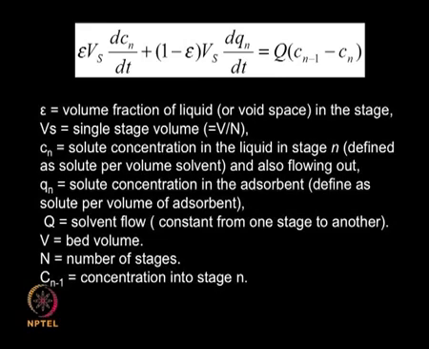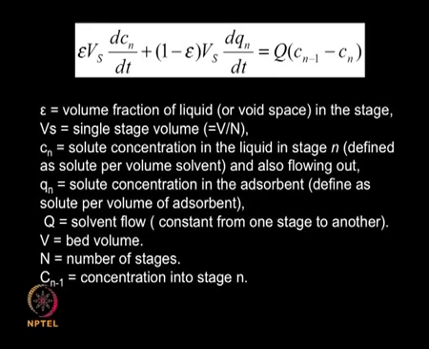On the left-hand side we have the accumulation. There are two types of accumulation I mentioned. One is the accumulation of the solute in the mobile phase, and the other is the accumulation of the solute in the stationary phase. Now let us go to the accumulation in the mobile phase. What is the equation? Epsilon, the volume fraction or void space in the stage, into Vs, the volume of a single stage. This could be the volume of the entire column divided by N stages.